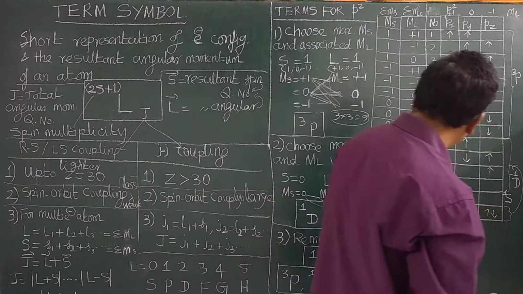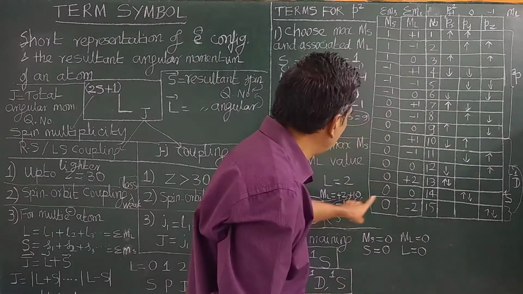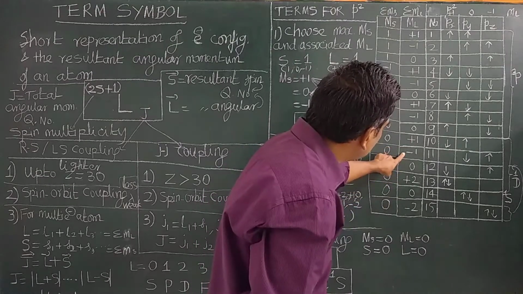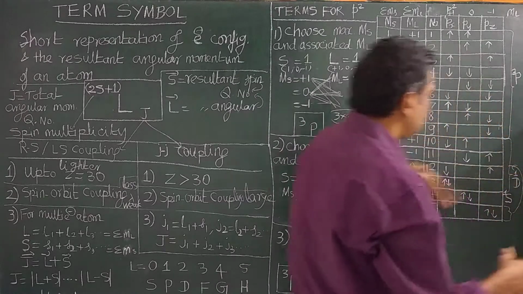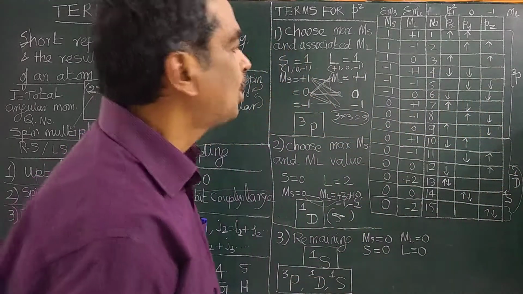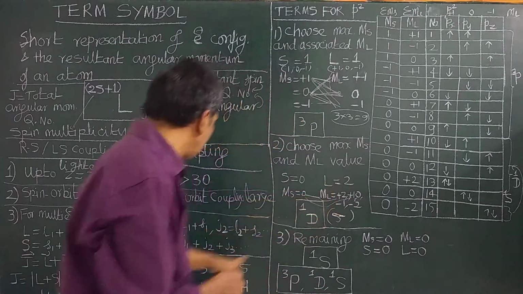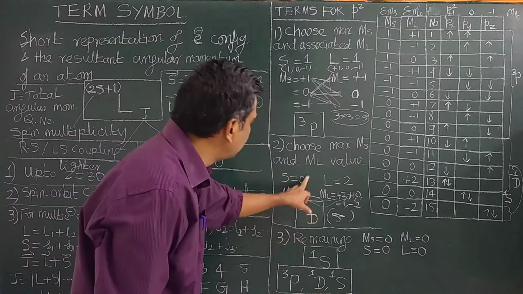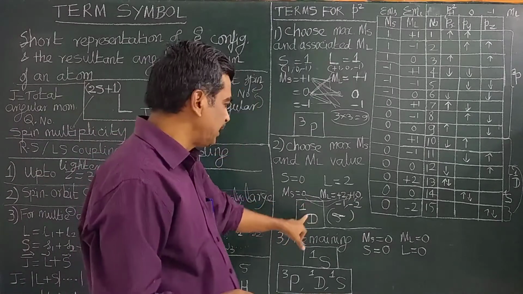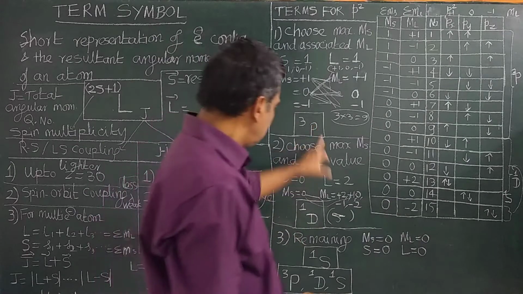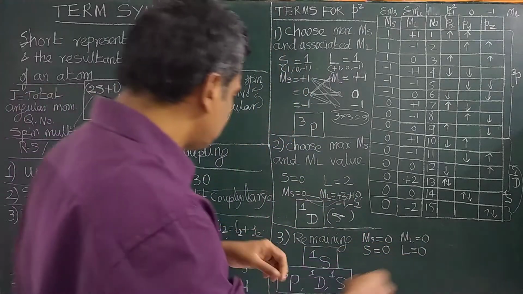The 5 combinations are plus 2, plus 1, 0, minus 1, minus 2. These 5 combinations are the 1D state. Why is it 1D? Because L equal to 2 means D, and S equal to 0 gives 2S plus 1 equal to 1, therefore a D singlet state. Okay. We obtained 2 terms, 2 spectroscopic states.